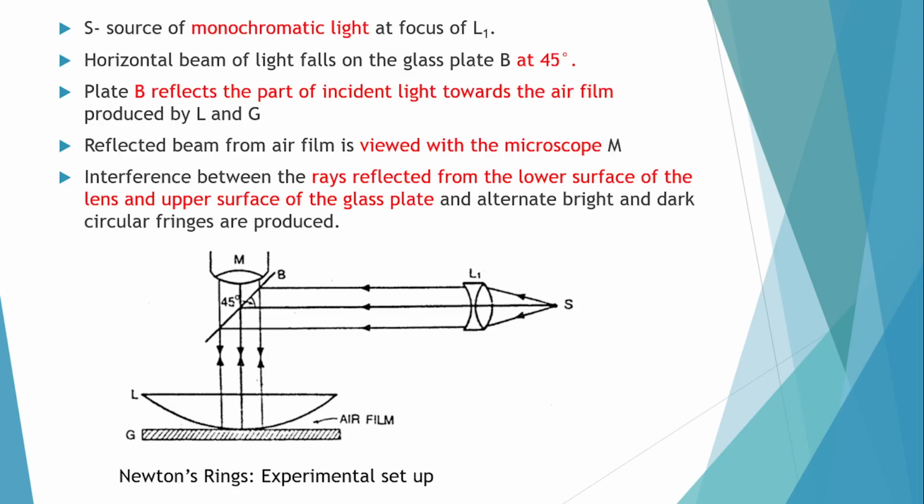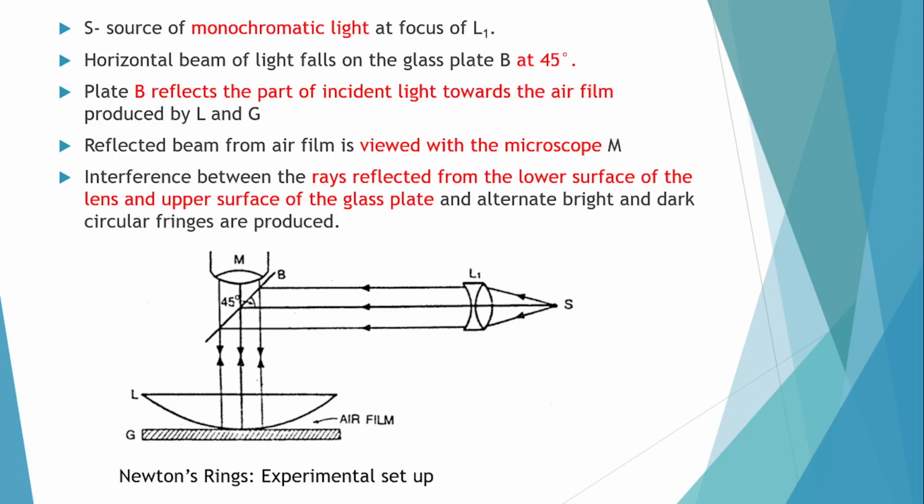The interference produced in the air film is observed by using a microscope M shown on the upper side of the figure. So this is about the experimental setup. Now how the radius of the rings is measured, we will see in the next slide.